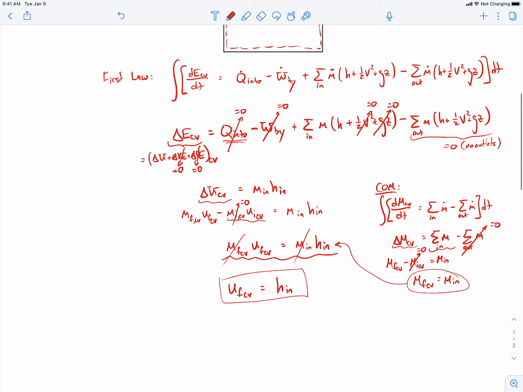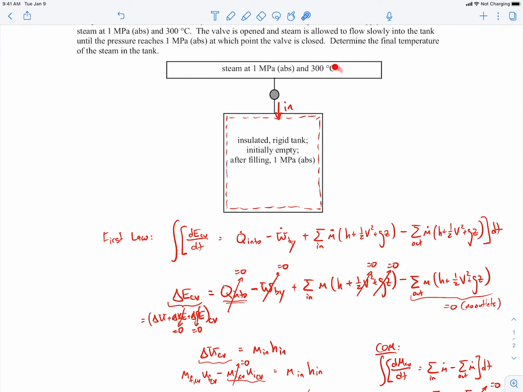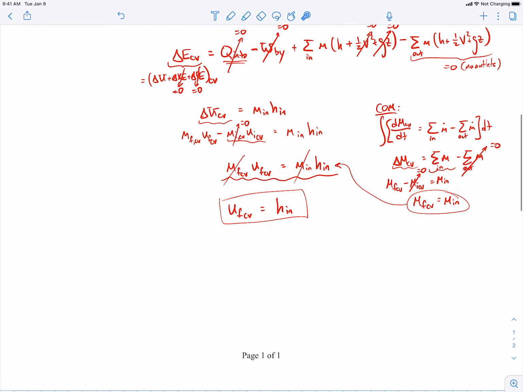To determine the specific enthalpy coming in, we know the properties of what's coming in. It's at 1 megapascal and 300 degrees C, and we're dealing with superheated water vapor since it's steam.